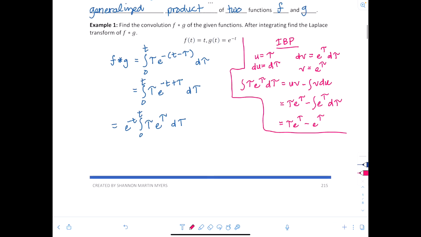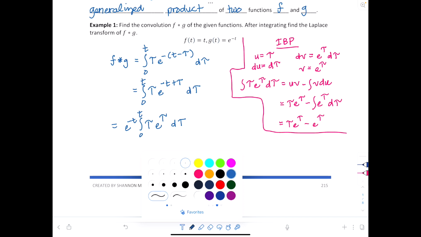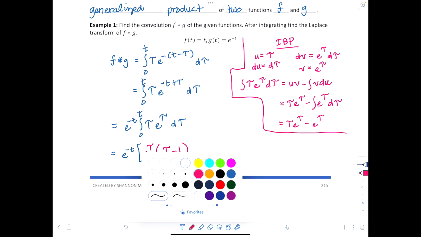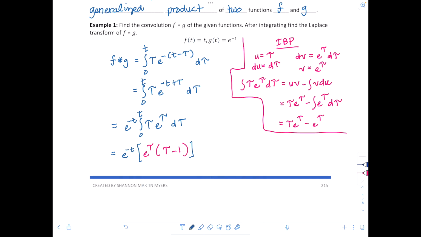So now, when I go through here, I'm going to end up with e to the negative t times, and then I'll write it as e to the tau times tau minus 1. And that's going to be evaluated from tau is 0 to tau is t.